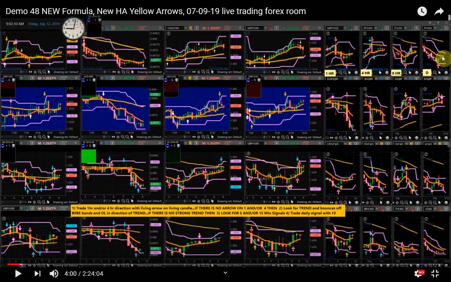Now, if this candle would have come back down here, it would have put us on this 8-hour BB band and probably on the 4-hour BB band, and would have made it much clearer to us that this was going to go up.